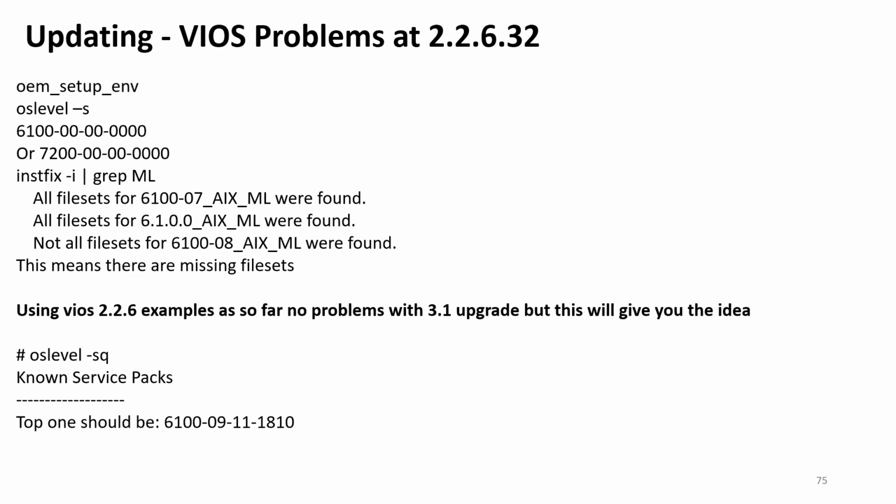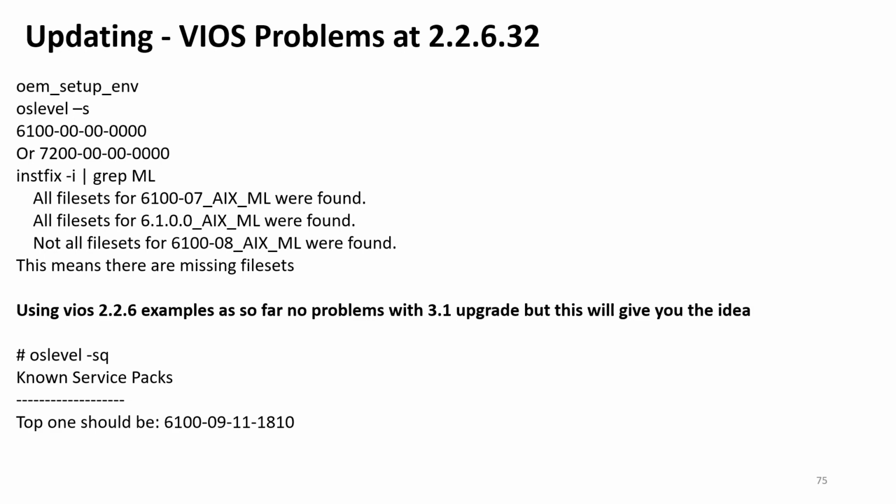When I was running my 2.2.6.32 update, there were a couple of times when I ran oslevel that the 2.2.6 update actually ended up showing a very strange level. I've not seen this doing a 3.1 upgrade, but when I had to upgrade from 2.2.6.21 to 2.2.6.32 prior to doing a version 3 upgrade, I saw some of this.